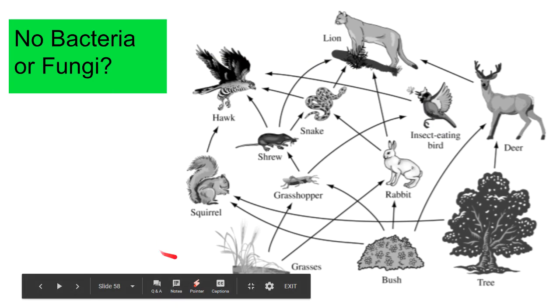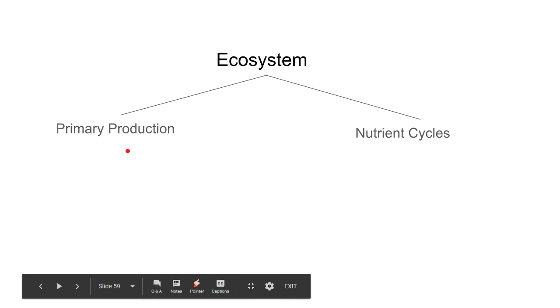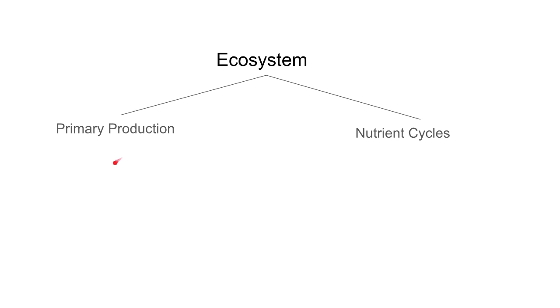But if you don't recycle the nutrients through bacteria and fungi, the grasses, the bush, the tree, these producers are going to be less productive. And if they're less productive, then everything else is going to suffer. And again, a lot of times we think about how bacteria is harmful, but when it comes to ecosystems, they really have an absolutely essential role.